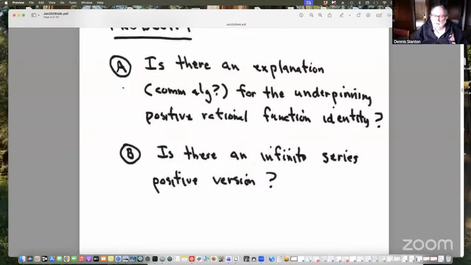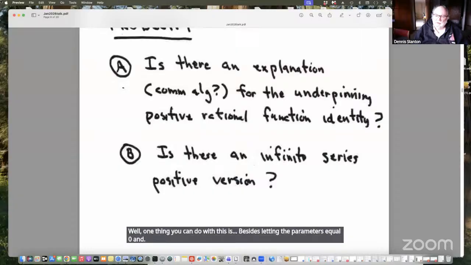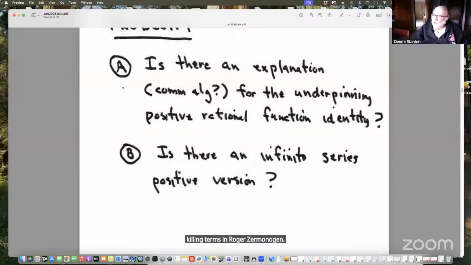Well, one thing you can do with this is, besides letting the parameters equal 0 and killing terms in Rogers-Ramanujan, you can let the parameters be powers of q. So for example, you can change a part of size 2 in the second Rogers-Ramanujan to like a 9 by letting t equal q to the 9th.